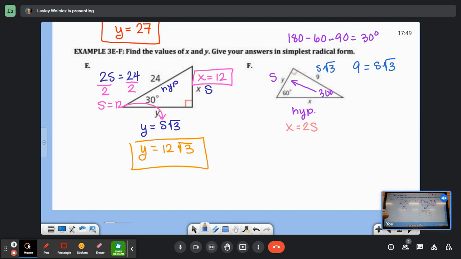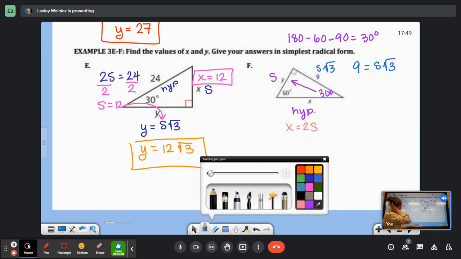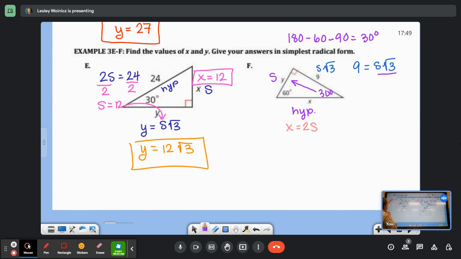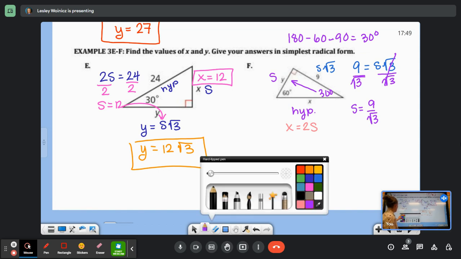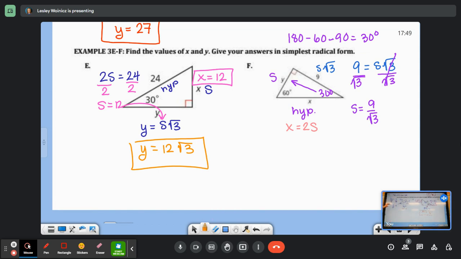So to get s alone, I just have to divide both sides by the square root of 3. Divide by root 3, divide by root 3. That cancels. So right now I've got that s equals 9 over root 3. Well, I can't leave that radical in the denominator. I must rationalize.